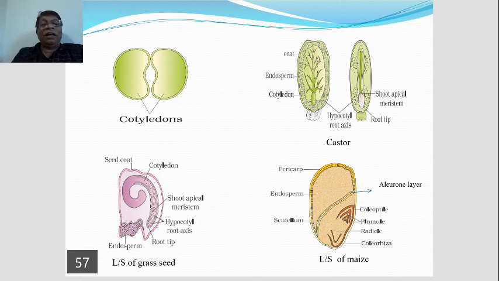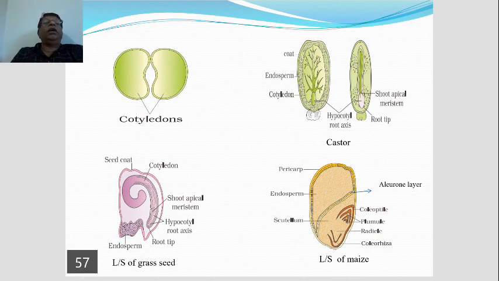Okay, at the same time see the LS of grass seed and different parts of the grass seed. See the LS of maize. See, endosperm is towards one side. The pericarp, a thin layer, is there. Then mesocarp is there. Endosperm is there.